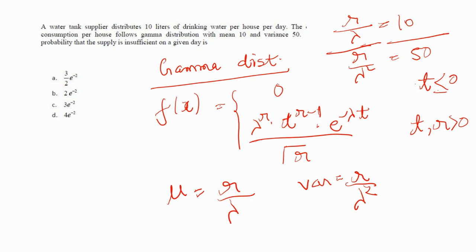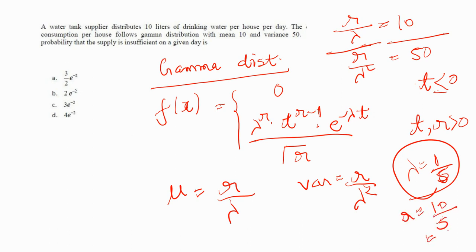If we divide it, r upon lambda will be cancelled out, lambda will go on the numerator. So lambda will be 1 upon 5. And if you put lambda as 1 upon 5, then r will be 10 upon 5, which will be equal to 2.